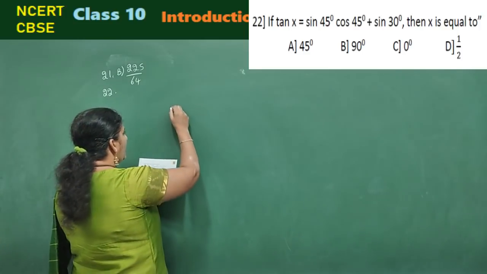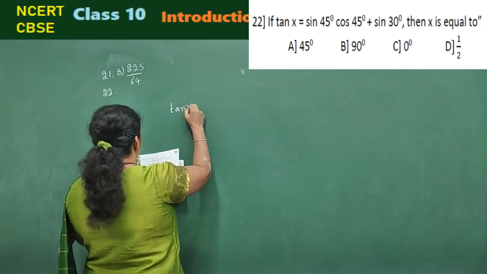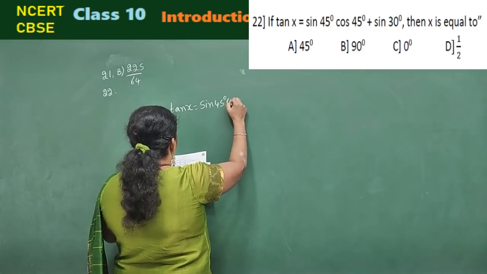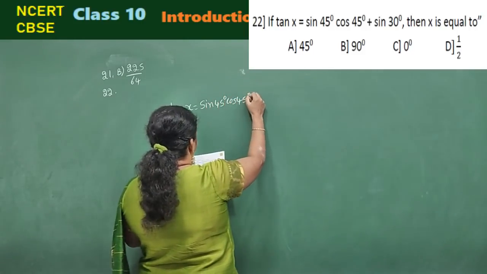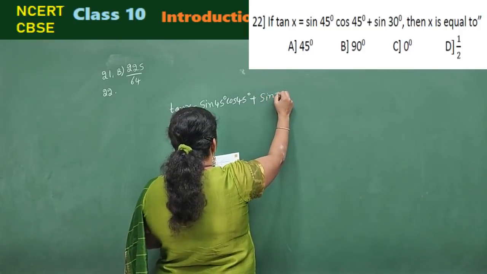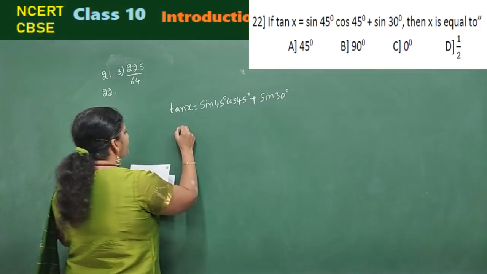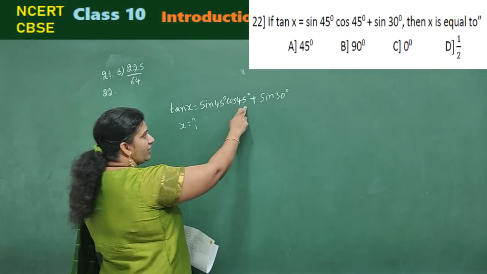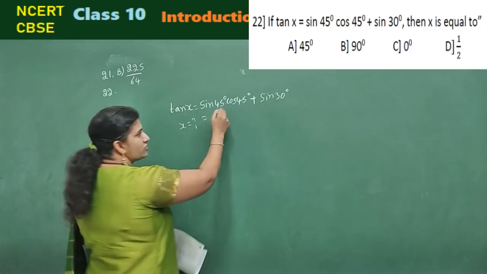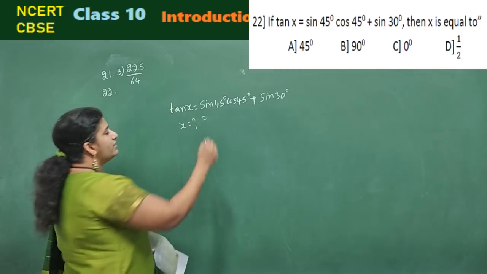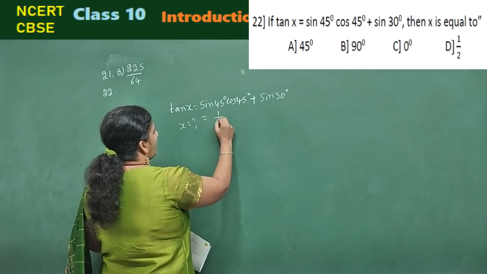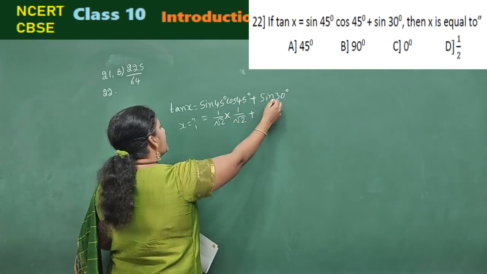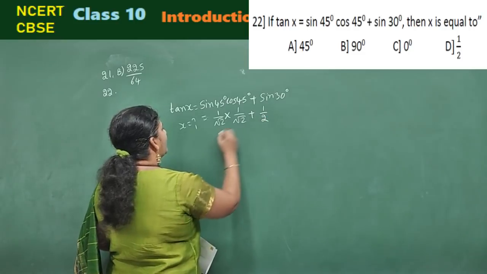22nd question. If tan x is equal to sin 45 degrees cos 45 degrees plus sin 30 degrees, then what is x? You can see sin 45, cos 45, sin 30. You know the values of these, so let us substitute. Sin 45 is 1 by root 2, into cos 45, 1 by root 2. Sin 30 degrees is 1 by 2.